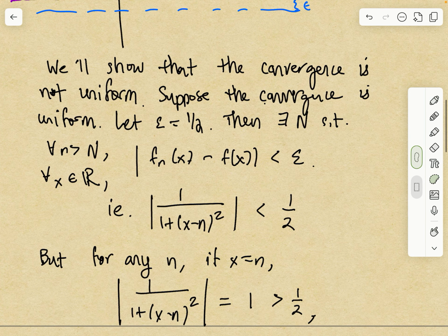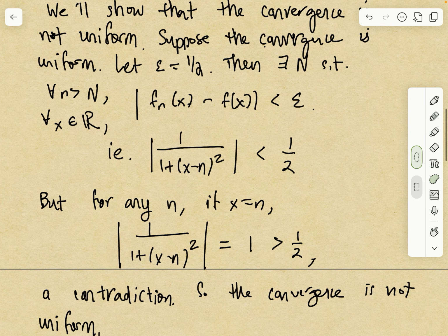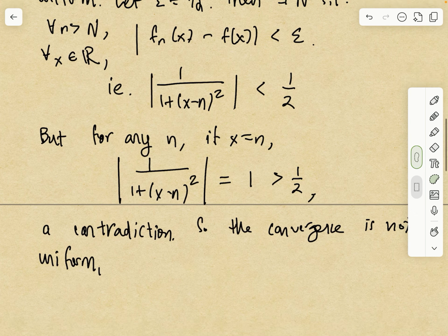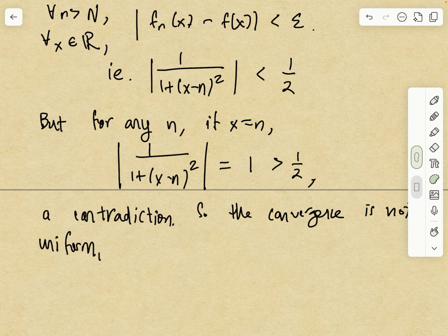So we suppose the convergence is uniform, and then you take epsilon to be 1/2. Then by the uniform convergence, there's a capital N such that for all little n greater than N, the distance between f sub n of x and f of x is less than epsilon. You write out what that inequality is, and then for any little n, you find an x, possibly depending on n, for which this inequality is not true.